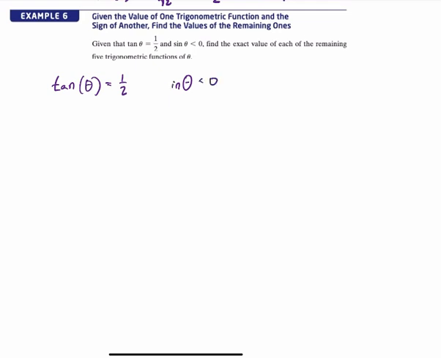Let me write this a little bit nicer. So notice the tangent is positive, and then the sine is negative. And the tangent is sine divided by cosine, so the only way to get a positive value would be if cosine was also negative. So our angle should be in the third quadrant, where both the sine and the cosine are negative.